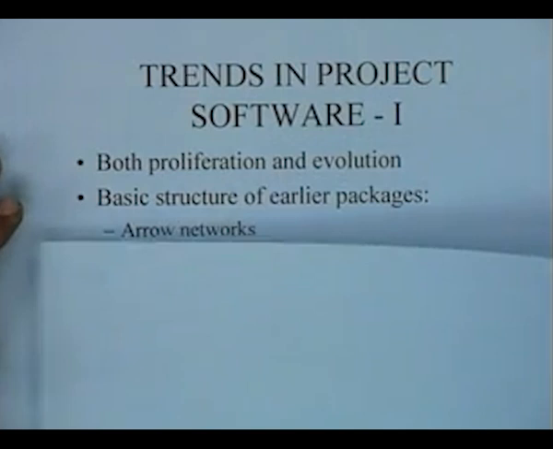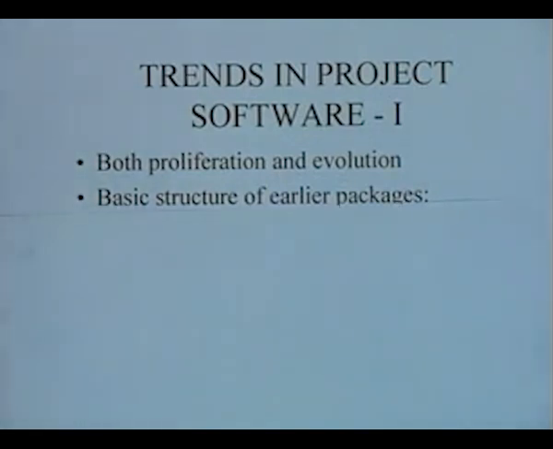But for any given thing, previously there were 3 suppliers, now there are 20 suppliers, there are 100 suppliers. So the number of manufacturers of these software has also increased considerably. This is one thing that ought to be kept in mind. Now what we can do is look at what was the basic structure of the earlier packages and what is the basic structure of the current packages. That will give you an idea of how packages are varying.